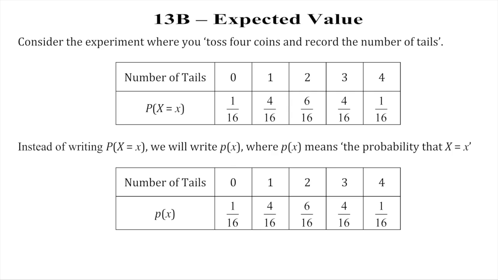So the first thing I want to do is consider flipping 4 coins and just counting how many tails you've got. Now remember, in the past we could have done that like this.